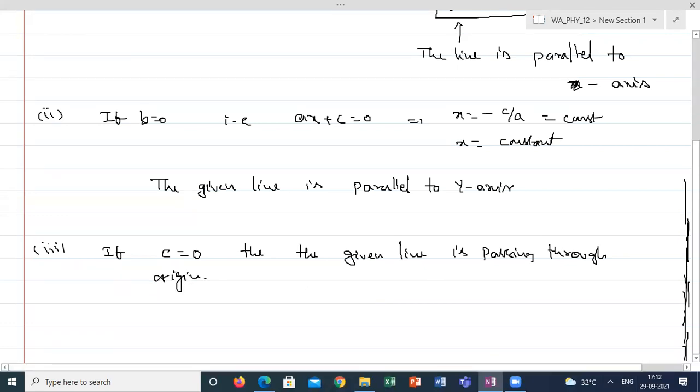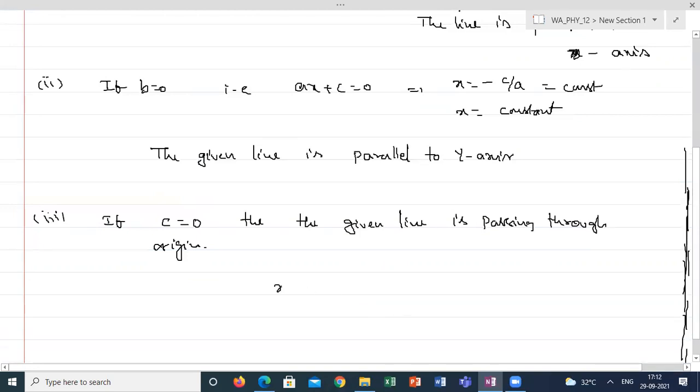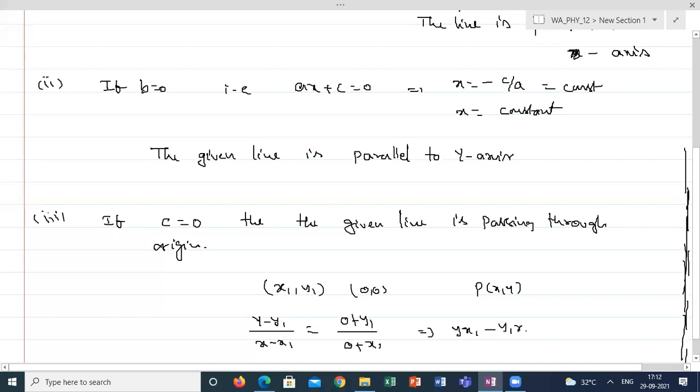Suppose I ask you to find the equation of a line passing through x1 comma y1 and 0 comma 0, and P is x comma y, any point. I can say y minus y1 by x minus x1 is equal to 0 minus y1 by 0 minus x1. Minus minus cancel. Cross multiplying, I get yx1 minus y1x1 is equal to xy1 minus x1y1.